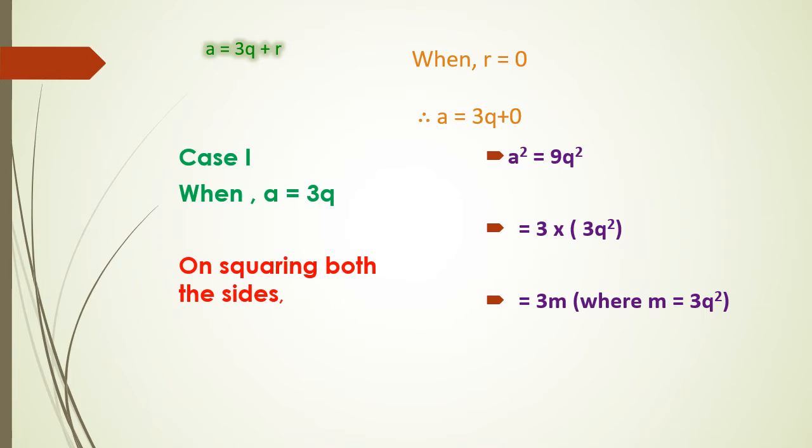What stuff is remaining? 3q squared. The main thing is that you have to take 3 outside because you ultimately want 3m. Now m is whatever you find in the bracket, you write as it is. m is equal to 3q squared. The main thing is write 3 outside.